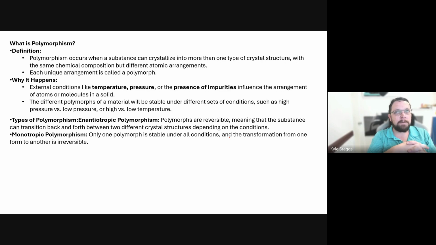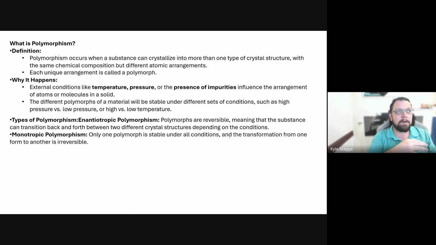Enantiotropic are similar in chemistry to enantiomers, things that you haven't really had exposure to because they are speaking toward chirality and arrangement of atoms in a molecule, whether or not they are reversible, whether or not that changes their physical and chemical properties.